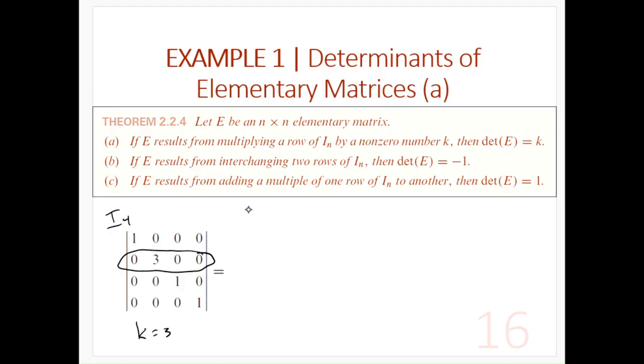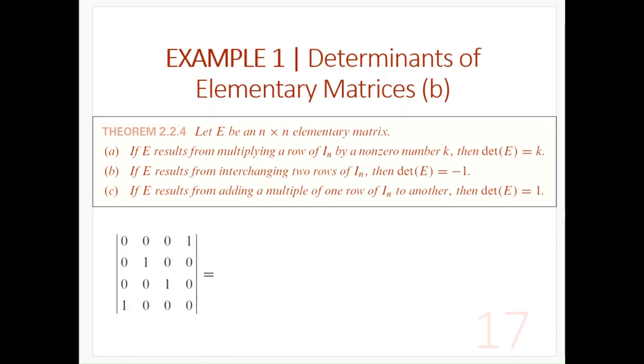It says, if E results from multiplying a row of an identity matrix by a non-zero number k, the determinant of E in this case is going to be k. So here we recognize in this instance our k was 3. So keep in mind, the identity matrix that was multiplied was an I4, and then this is now the resulting E. And our k was 3, and so now our determinant of E is going to be 3.